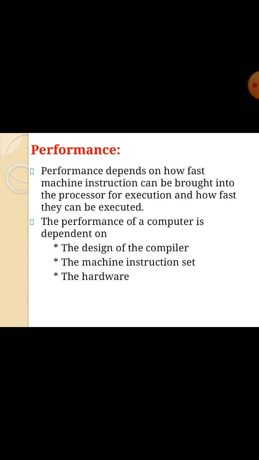The performance depends on how fast machine instructions can be brought into the processor for execution and how fast they can be executed. It depends upon, first, the design of a compiler; second, the machine instruction set; third, the hardware.